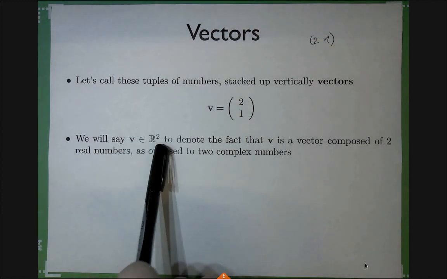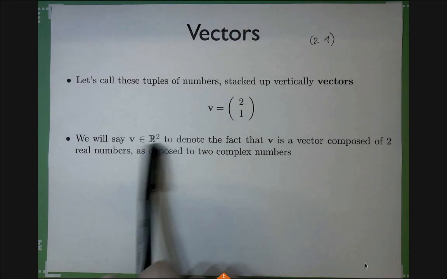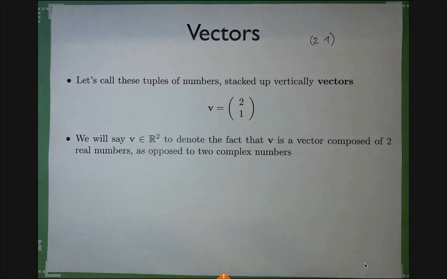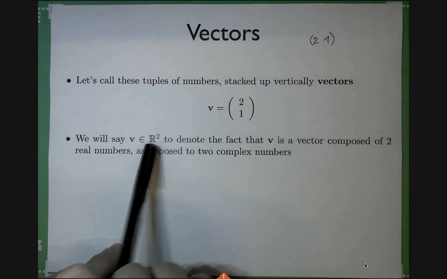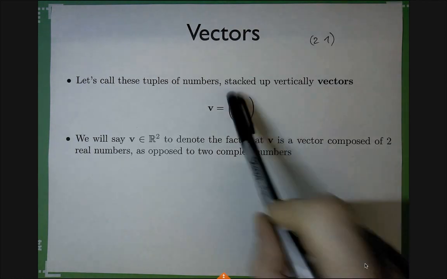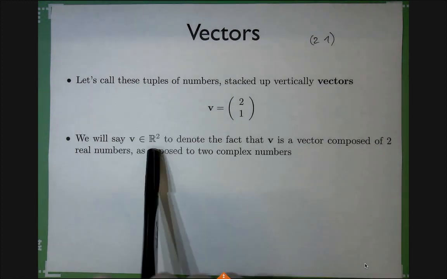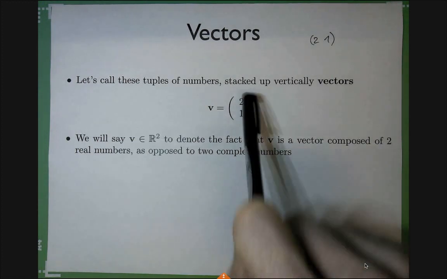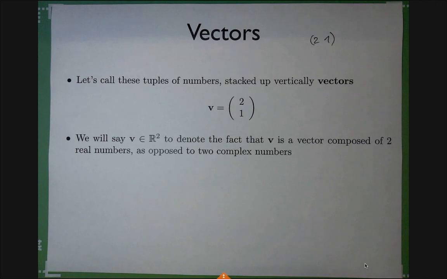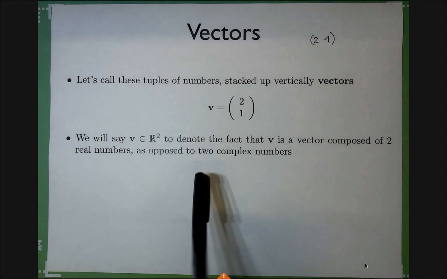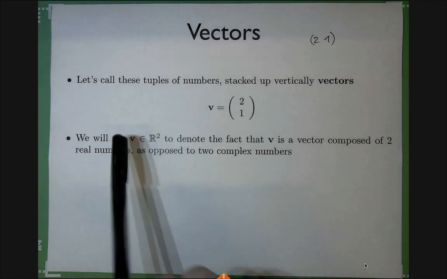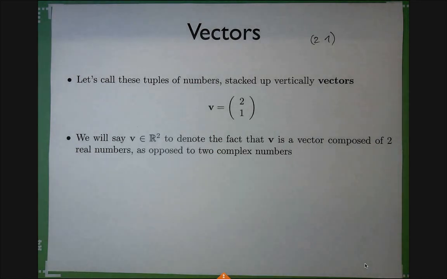Okay, here is some notation. R2 will mean a set of 2-dimensional vectors. I'm not really formalizing these things. We will do more formalization later. So just take it as a fact that R2 is a set of 2D vectors, a set of these 2-tuples, pairs of numbers. This would be an example of a real vector because each of the components is a real number, right? But it wouldn't necessarily have to be real numbers. You can build vector spaces not just over real numbers, but also over, for example, complex numbers.